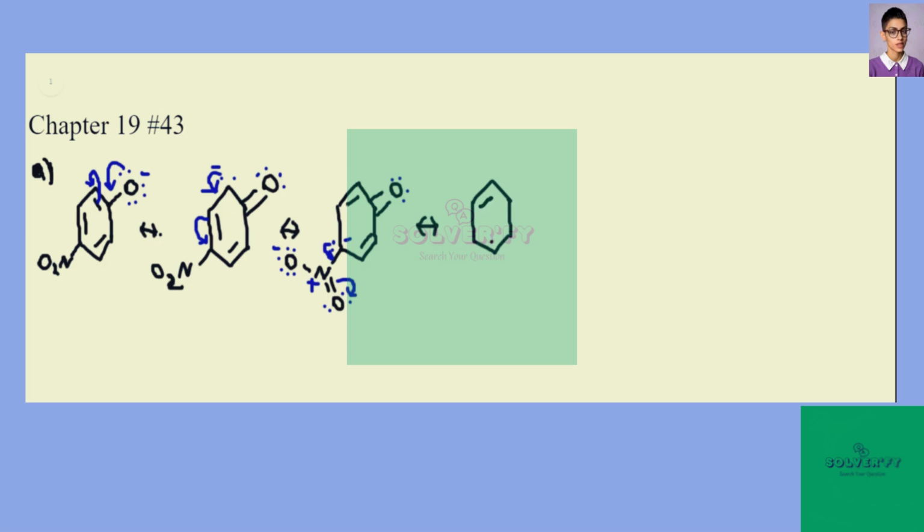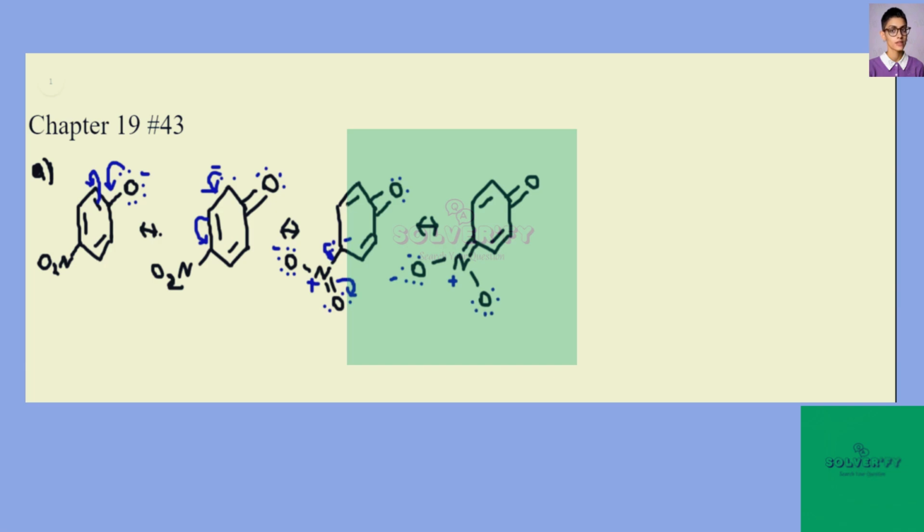This is by far the most important one. And that is because in this resonance structure, the negative charge that started on the oxygen that we deprotonated can be delocalized onto this other oxygen of the nitro group. So we still have a positive charge on our nitrogen in the nitro group, and then each of these oxygens has three lone pairs and therefore a negative charge.